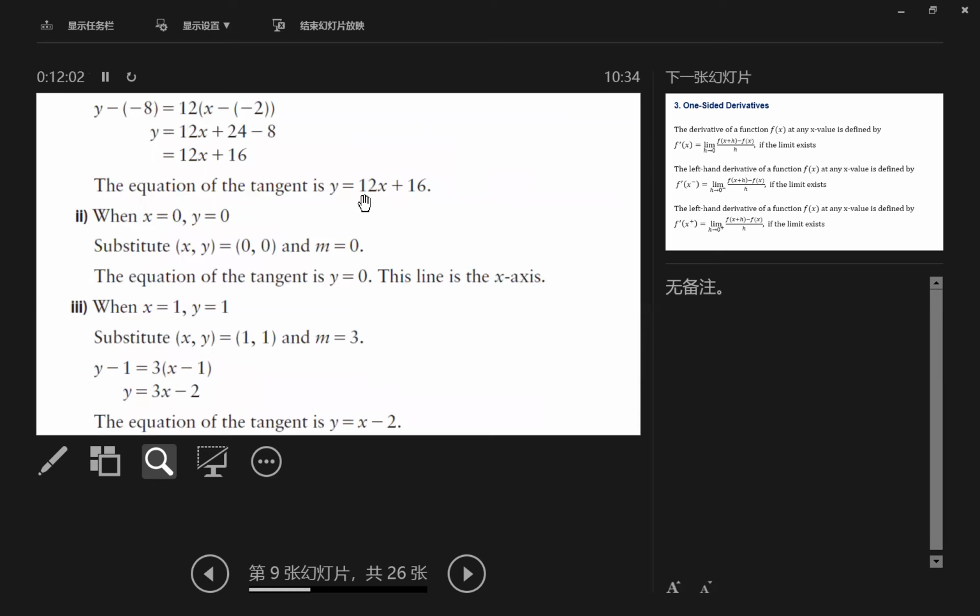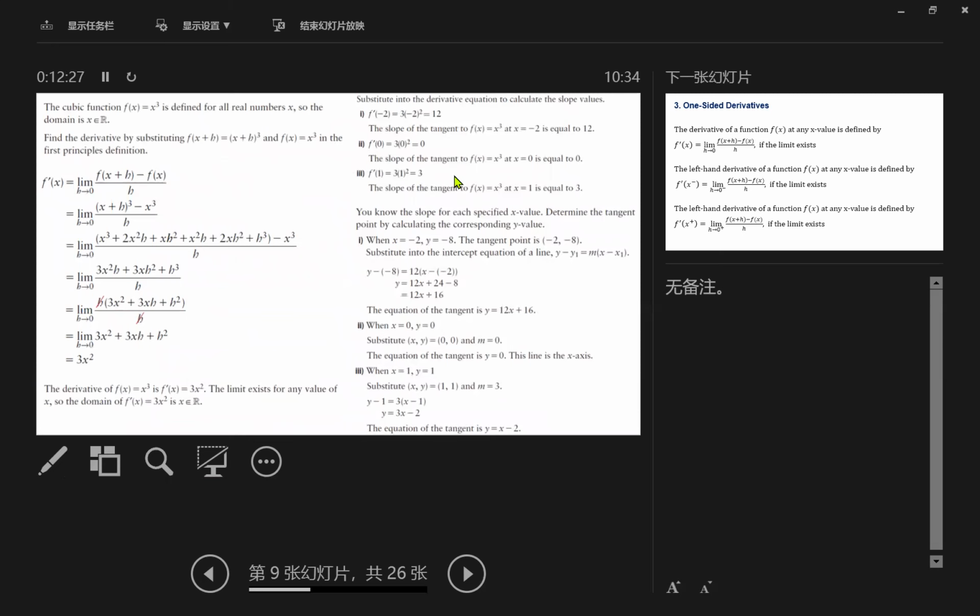Then the equation of the line is y equals 3x minus 2. Therefore, the equation of the tangent is y equals 3x minus 2 at the point (1, 1). You understand? Any questions?